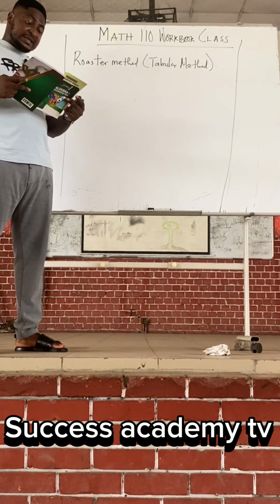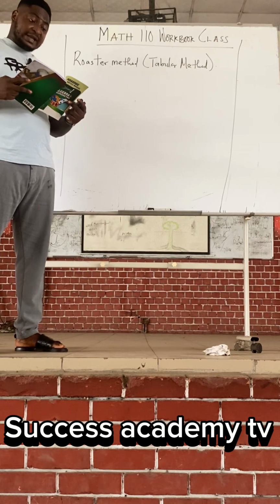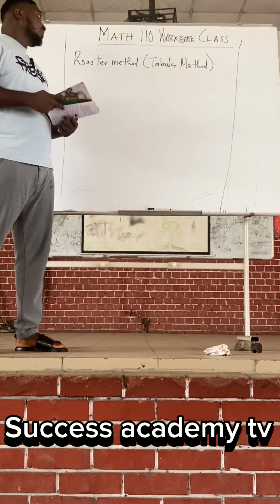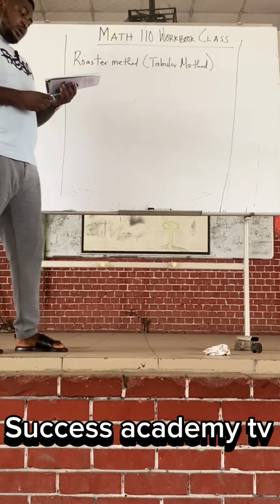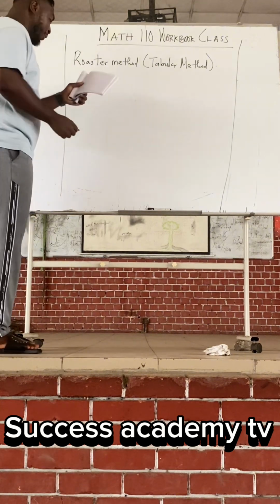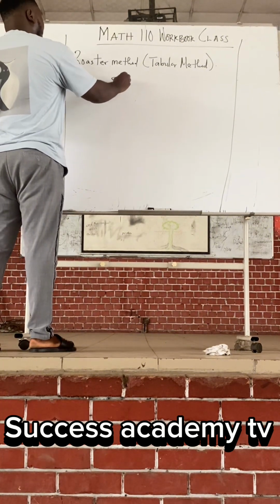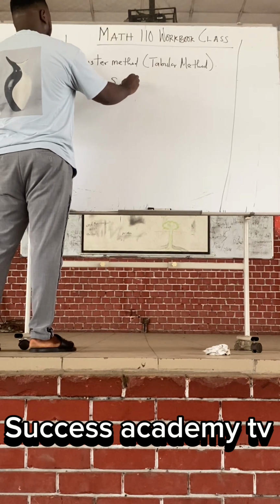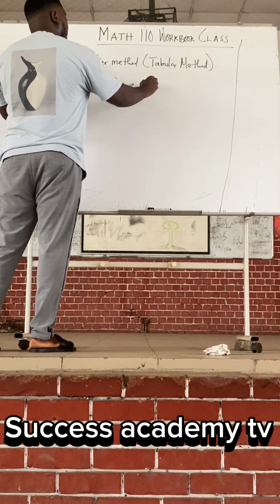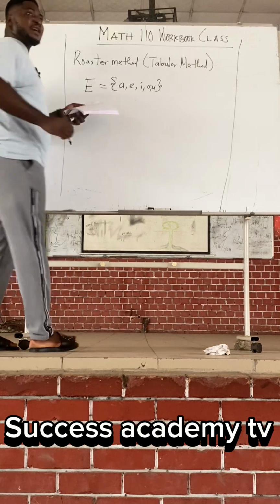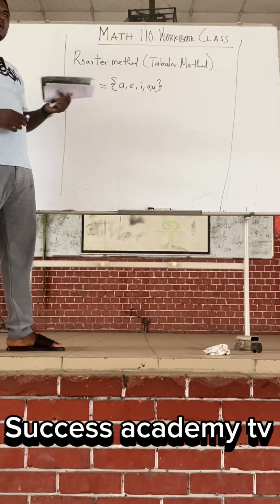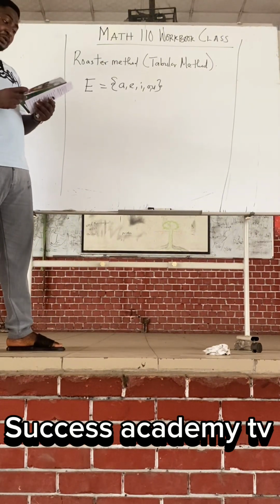Examples of tabular or roster method: if you have your manual, you see the E. This is a tabular or roster method. Class, there is no stress in discovering the members of this approach.